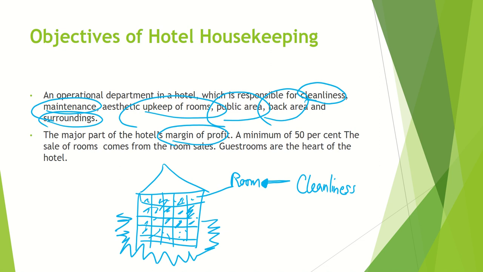If there is no guest, it means no profit, right? So guest rooms are the heart of the hotel. Why? Because they generate the hotel margin incomes of more than 50%.